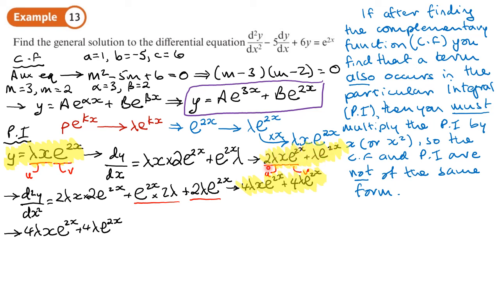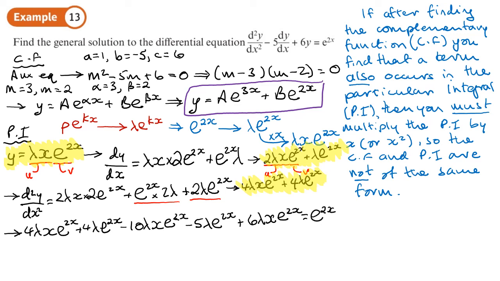So I'm going to multiply these by negative 5. So I'll get minus 10 lambda x e to the 2x minus 5 lambda e to the 2x, and then multiply all of this by 6. So I will just have plus 6 lambda x e to the 2x. That will equal f of x this side here, so e to the 2x.